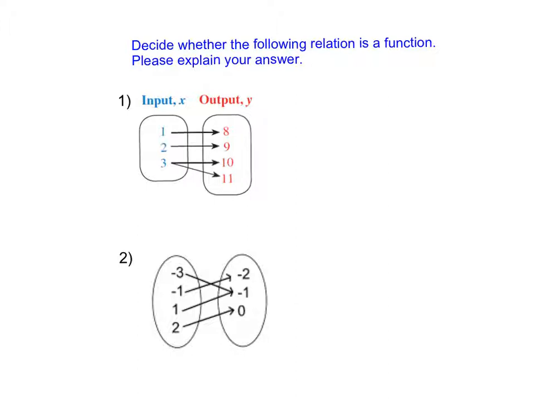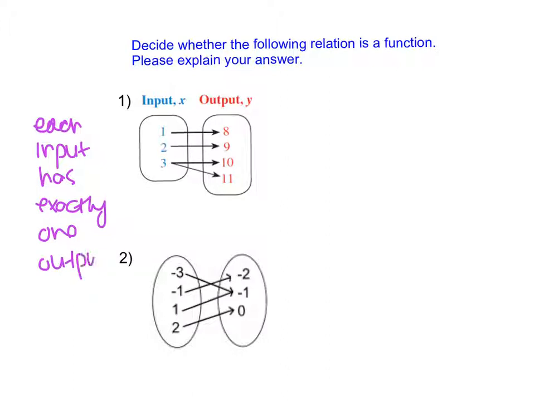Please explain your answer. Something to remember is that the definition of a function says that each input has exactly one output. So if we look at this first mapping diagram, input of 1 goes to 8, good, one output.